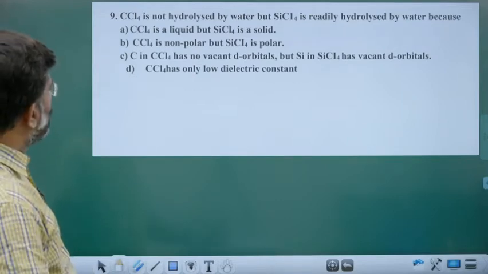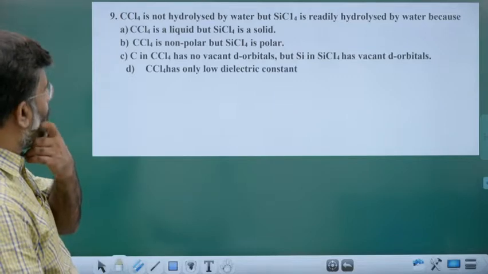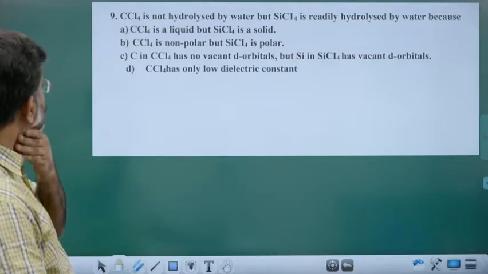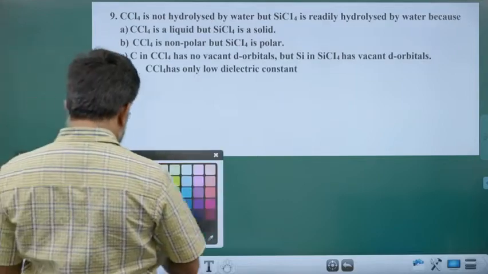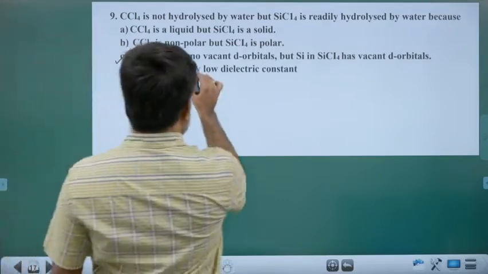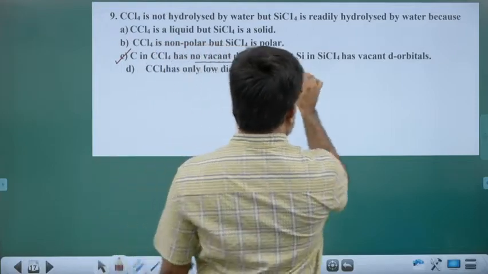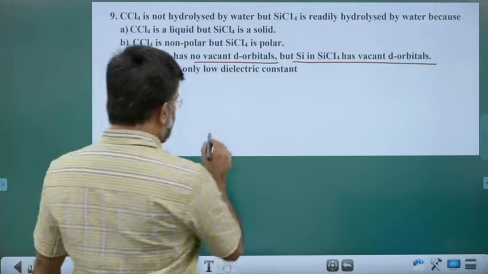CCl4 is not hydrolyzed by water, but SiCl4 is readily hydrolyzed by water because, option C, carbon in CCl4 has no vacant d orbital, but silicon in SiCl4 has vacant d orbitals. Well explained in the textbook.